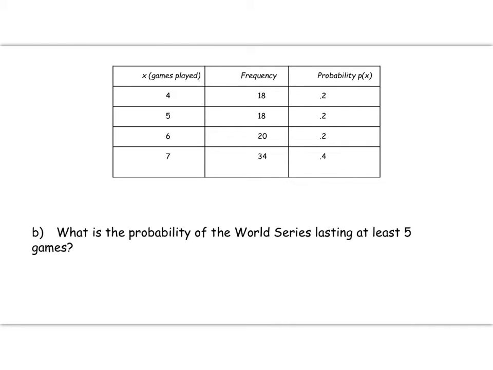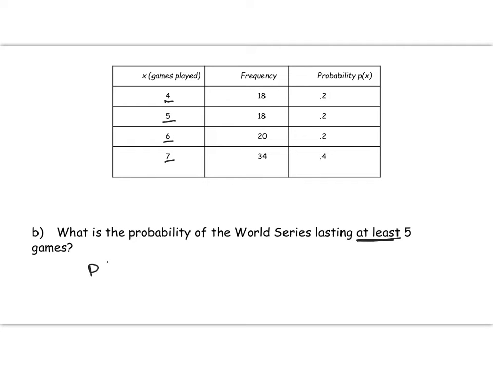All right, next question. What's the probability of the World Series lasting at least 5 games? These at least, at most questions play mind tricks on me. So the key here is to be careful, and I always talk myself through it. So I say, is 4 at least 5? No. 5 is at least 5. Is 6 at least 5? Yes. And that means 7 is as well.